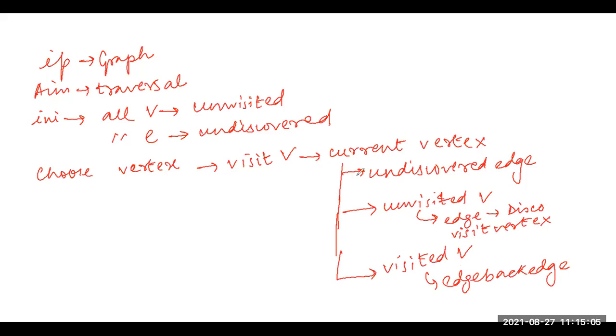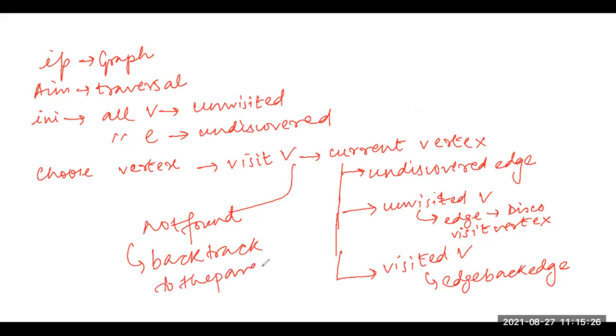Fine. And if nothing is found, we do what? Suppose कोई एक vertex से और कोई नया अनडिस्कवर्ड एज है ही नहीं, तो हम लोग क्या किए? Backtracking. Backtrack to the parent. Fine.